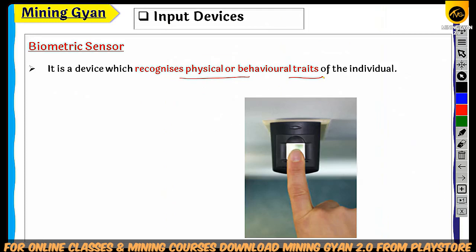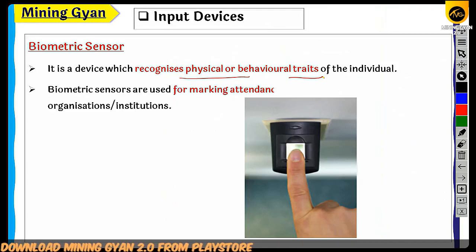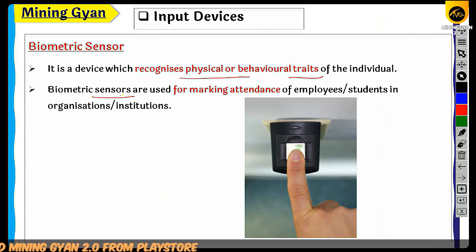Sometimes biometric sensors are used for taking the attendance of employees or students in any kind of institution or organization, like an office, school, or coaching center. So a device is used for the attendance, and this is called the biometric sensor, which is also a type of input device.